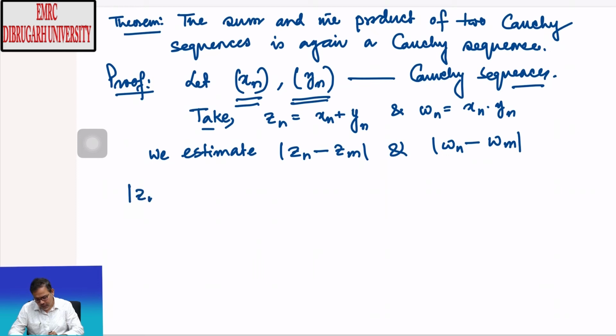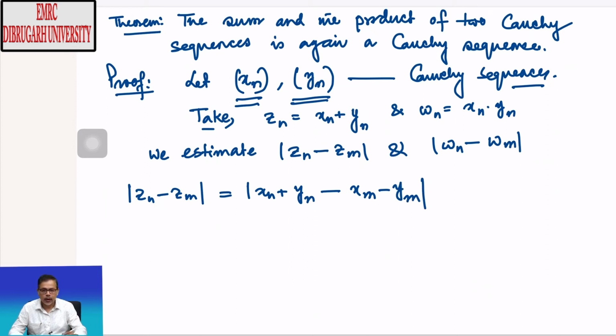Now, what is z n minus z m? This is x n plus y n minus x m minus y m, and therefore, by the triangular inequality, this can be written as x n minus x m plus y n minus y m.